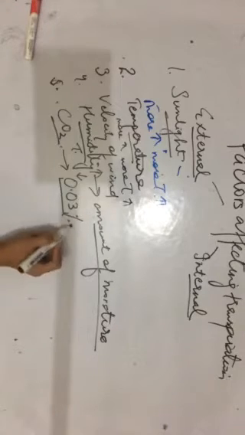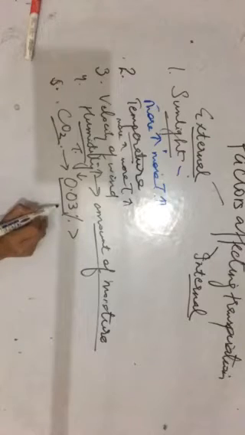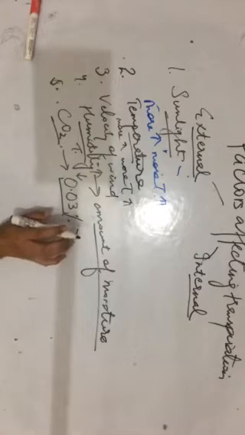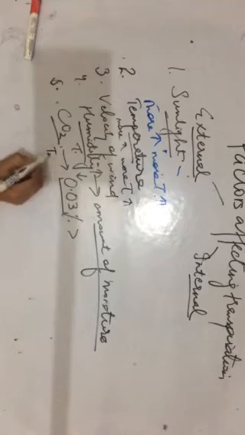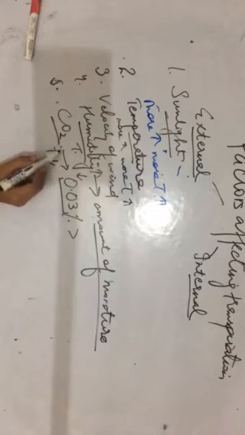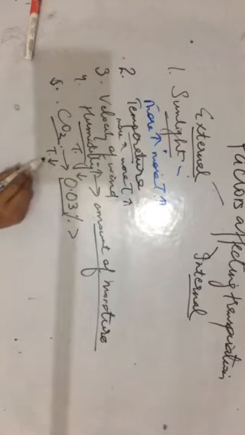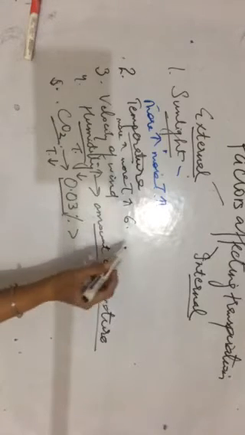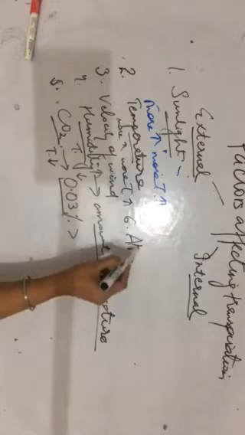If it exceeds 0.03, if it is much more than 0.03, then the stomata will remain closed and hence transpiration will decrease. So if the carbon dioxide level is greater than 0.03, then transpiration will decrease. And the last factor, factor number 6, is atmospheric pressure.